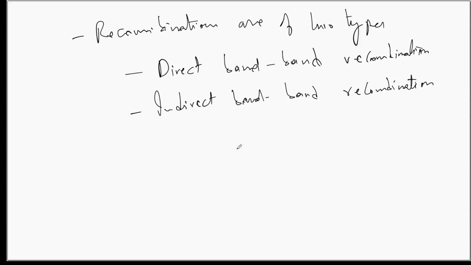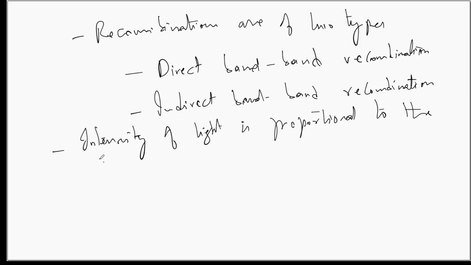For short, they are also called as direct recombinations, indirect recombinations. In most of the LEDs, the amount of light emitted is directly proportional to the forward current. Intensity of light is proportional to the forward current.